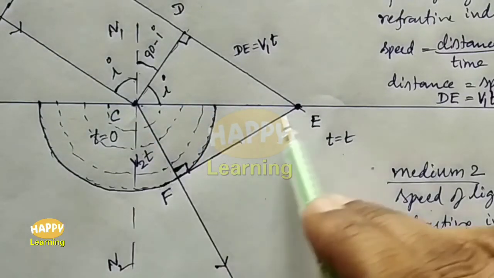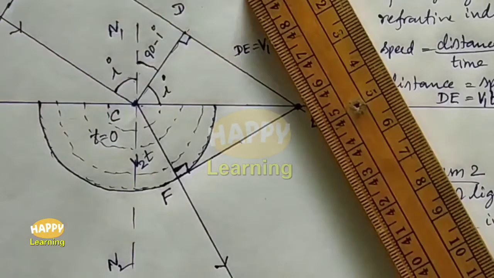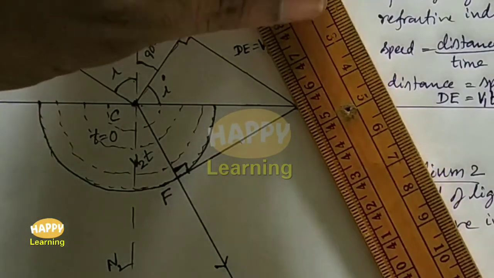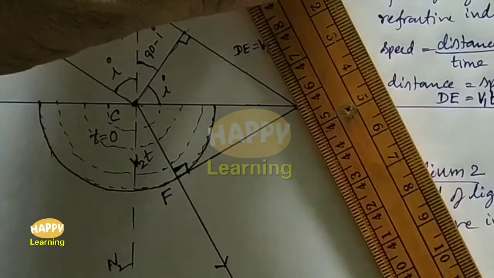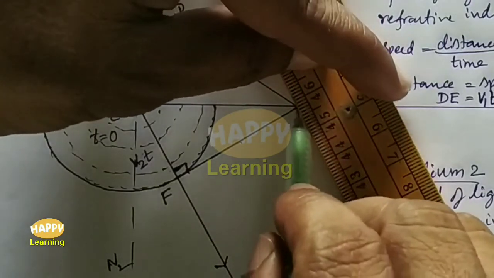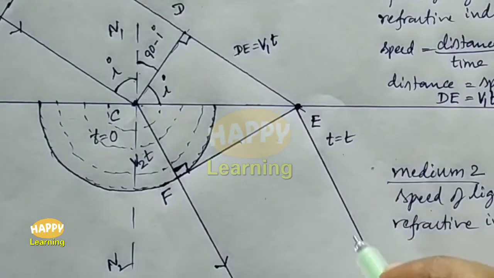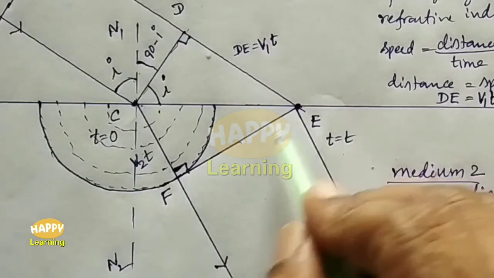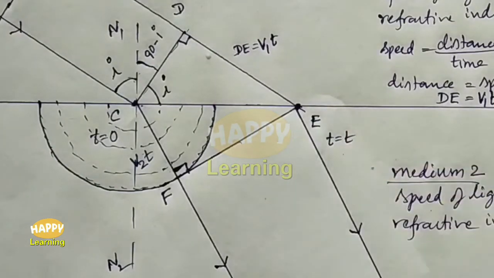For this wavefront EF, this is one normal ray, this is another normal ray.